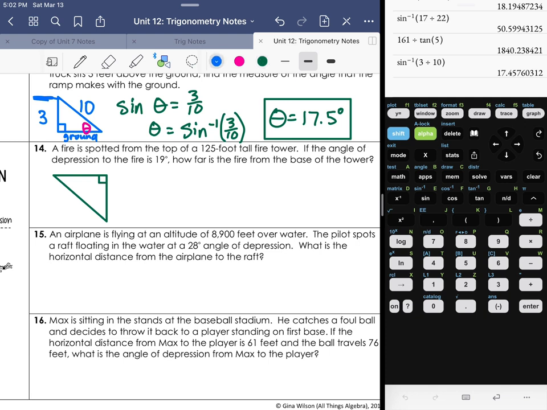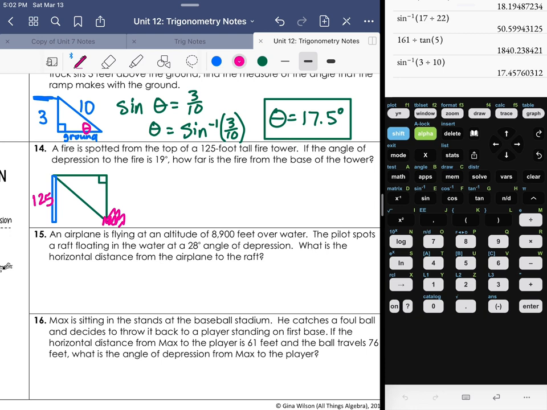So we have the tower is like right here. And there's a guy in the tower looking down. Okay, so the tower is 125 feet tall. The guy is looking down at the fire, so the fire is here, right?